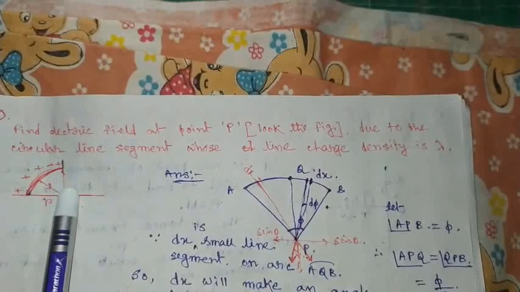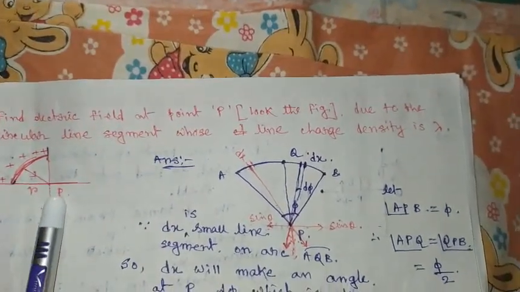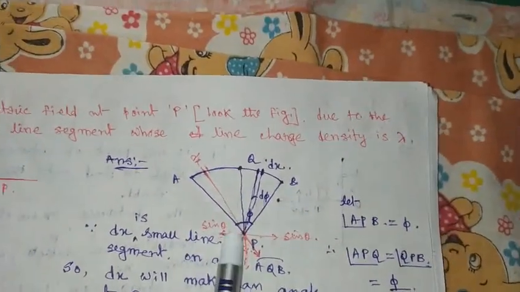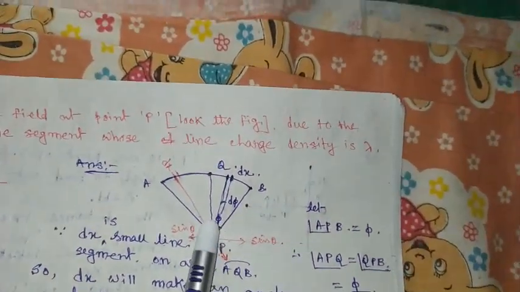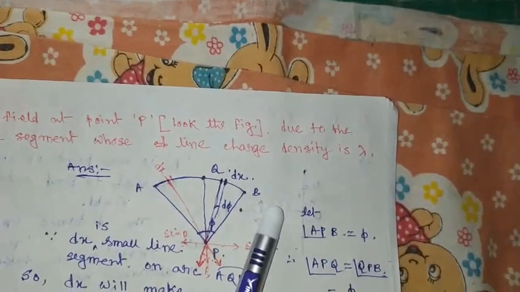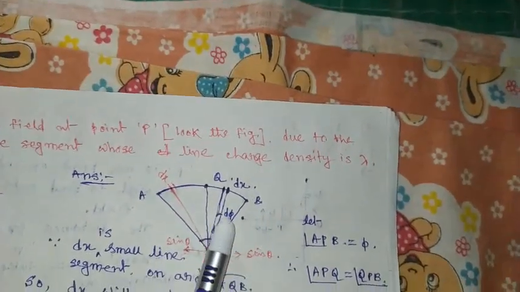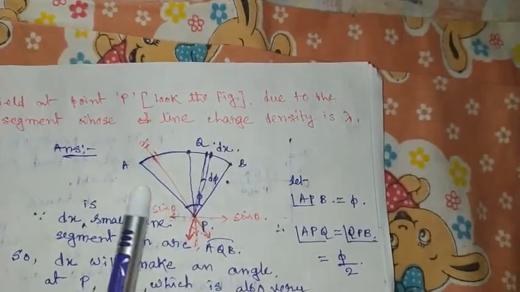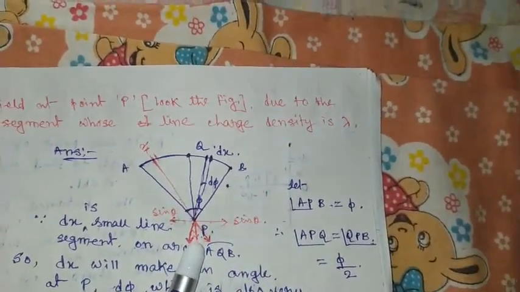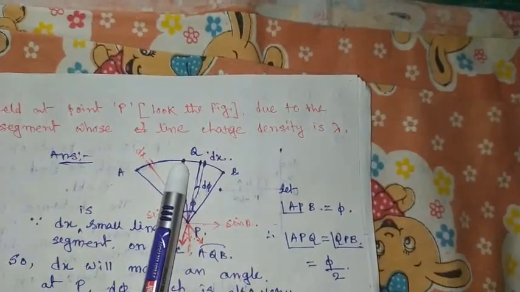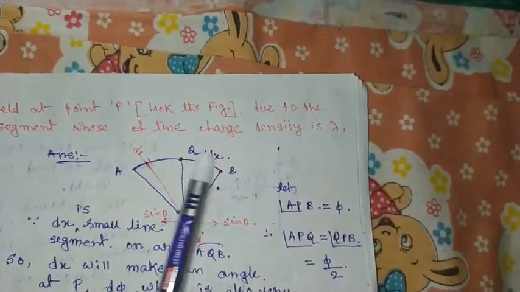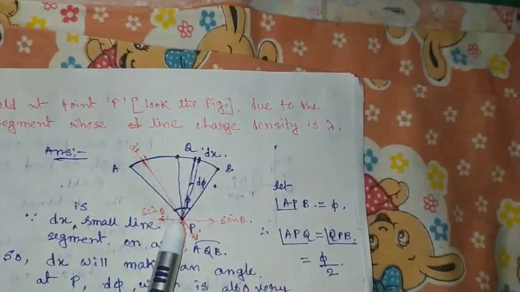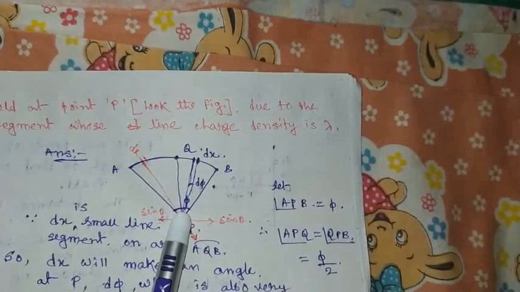So before approaching this problem we want to solve the general one. And here it is, the general figure, where we choose an arc AQB of radius r making an angle phi at point P, and we choose Q as the middle point of the arc AQB, which bisects the angle phi.